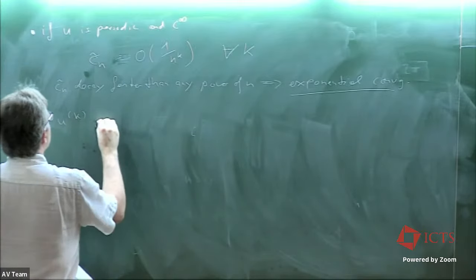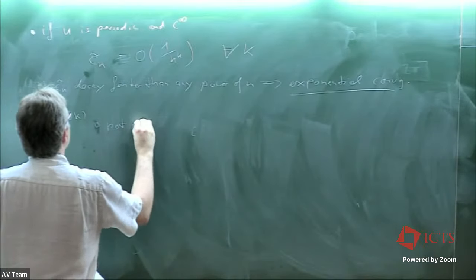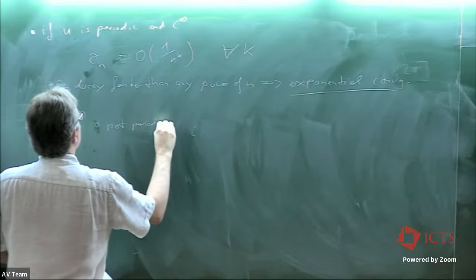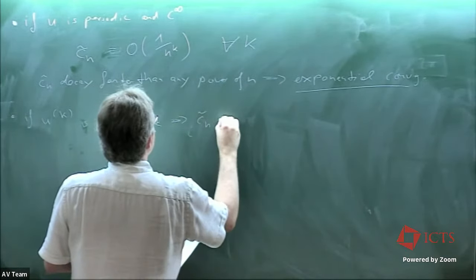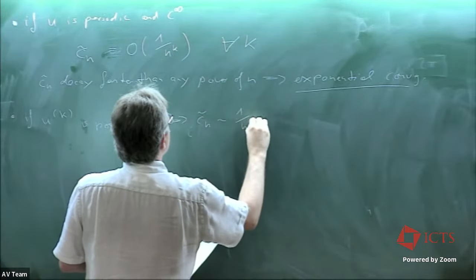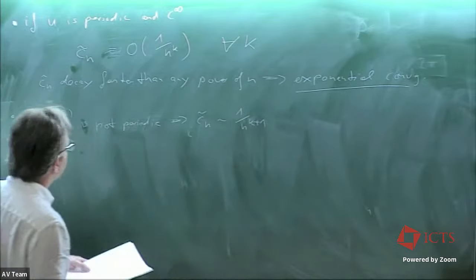If U^k is not periodic, then we would have Cn goes like 1 over n to the k plus 1, because we have this term left over. And if U1 is not periodic, we have a 1 over n squared sitting here in front. So this is k plus 1.